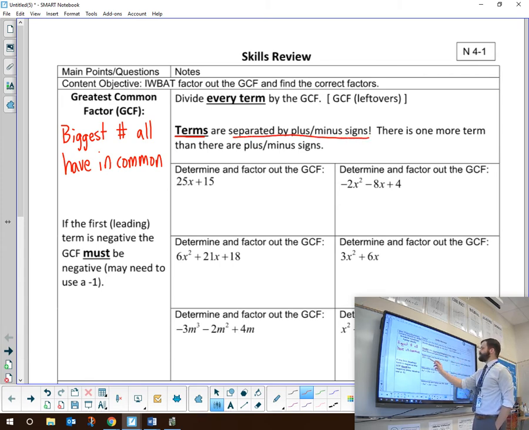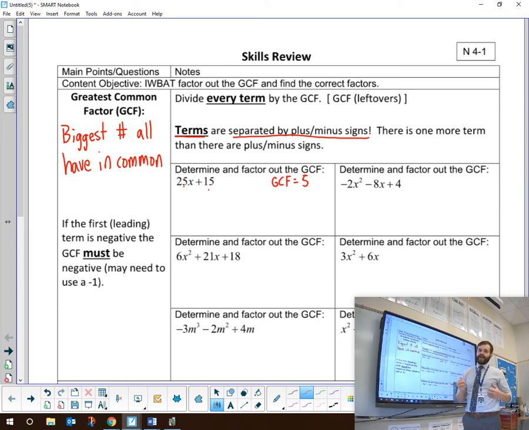So in this case, we have two terms, and we're going to be looking for the GCF of each of those terms. So we're thinking, what is the GCF of 25x and 15? What goes into both 25x and 15? Well, for this one, my GCF is going to be 5. 5 goes into 25 and 5 goes into 15.